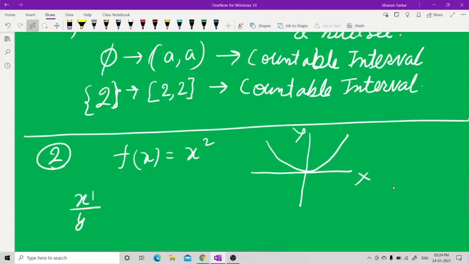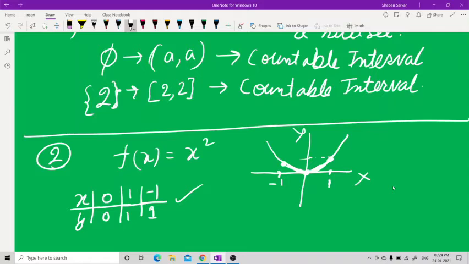For x equal to 0, you have 0 for y. For 1, you have 1. For minus 1, you have plus 1, minus 1 square. See, this is minus 1, this is plus 1. For 1, it is 1 here, and it is 1 here. You got 3 points, and then you draw the graph from here.